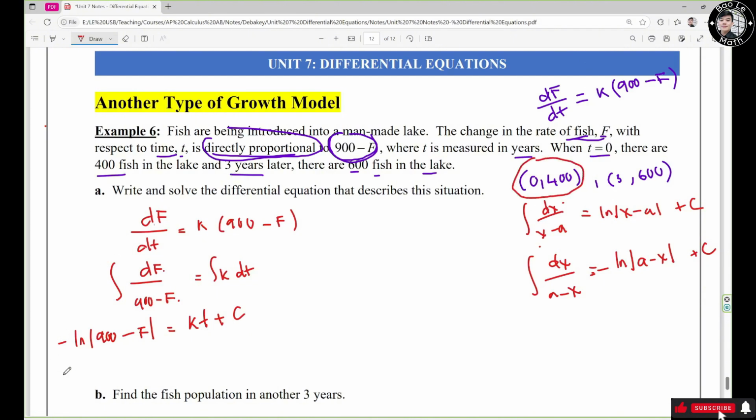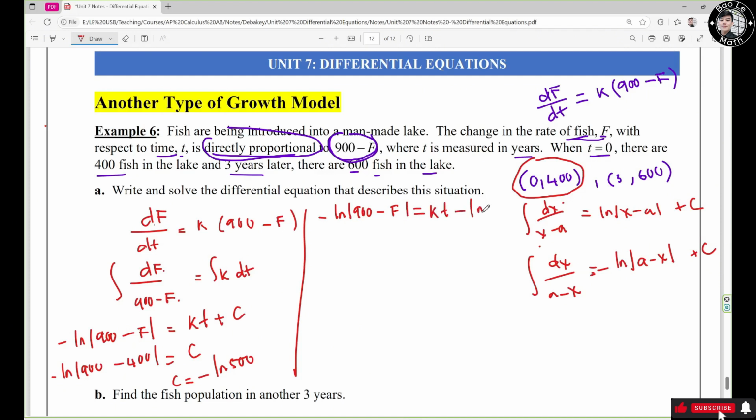So we have negative natural log of 900 subtract 400 equals, t equals 0, so this term equals 0, so it will be c. So c equals negative natural log of 500. So then I have the equation negative natural log of absolute value of 900 minus f equals kt minus natural log of 500.